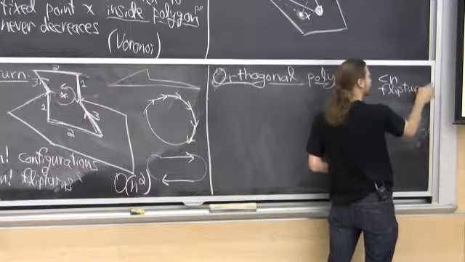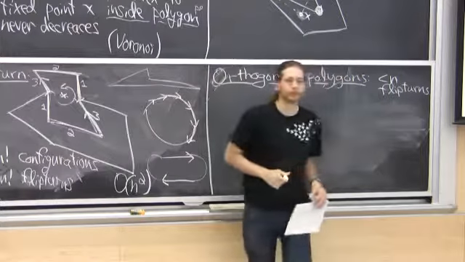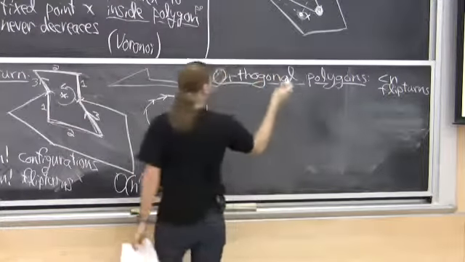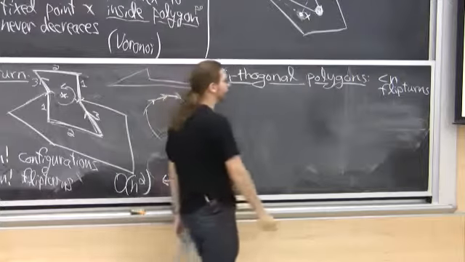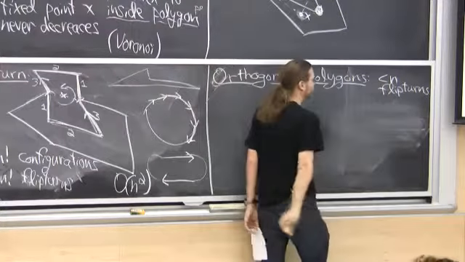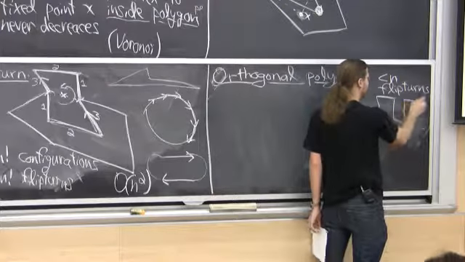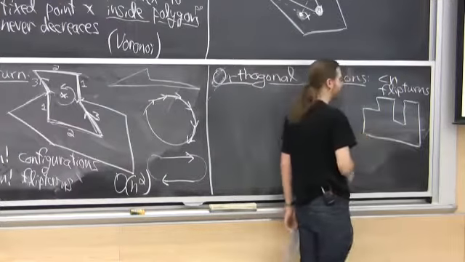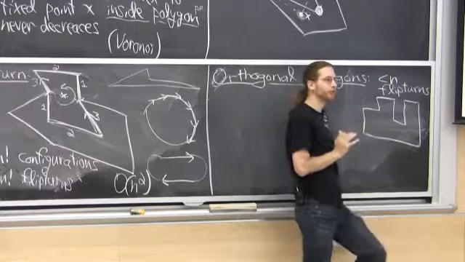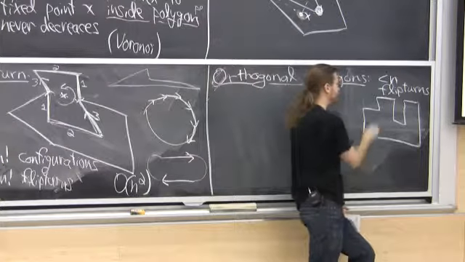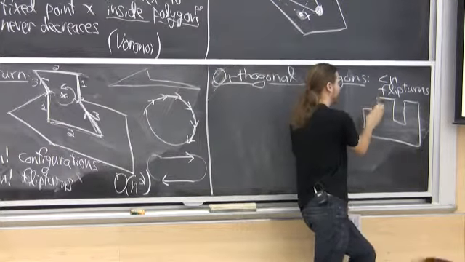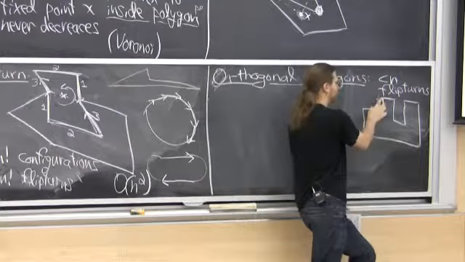And when I say bounds like this, I mean no matter which flip turn sequence you make, no matter how you make your choices, you convexify, in this case, in less than n flip turns. So orthogonal polygons, of course, are something like this. And for orthogonal polygons, I'm going to distinguish two types of flip turns. One, let me make this a little less symmetric.